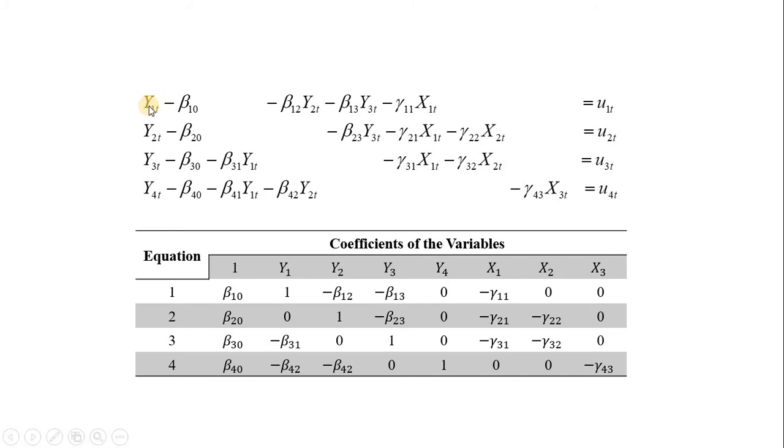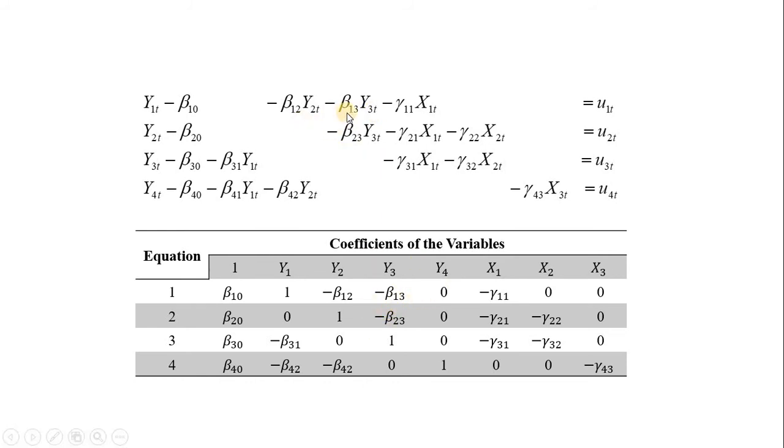y1 is there. What is the parameter of y1? The y1 parameter is 1. y2 is there, and its parameter is minus beta 12. Then y3 is also there, with parameter minus beta 13.